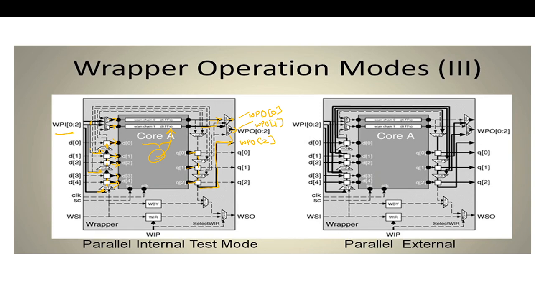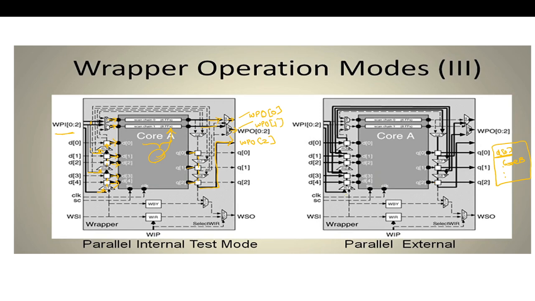Now external testing parallelly. So external testing means now this will be applied to the 4 B's D of 0 pins. So this should go to its parallel interface. So let's see here.